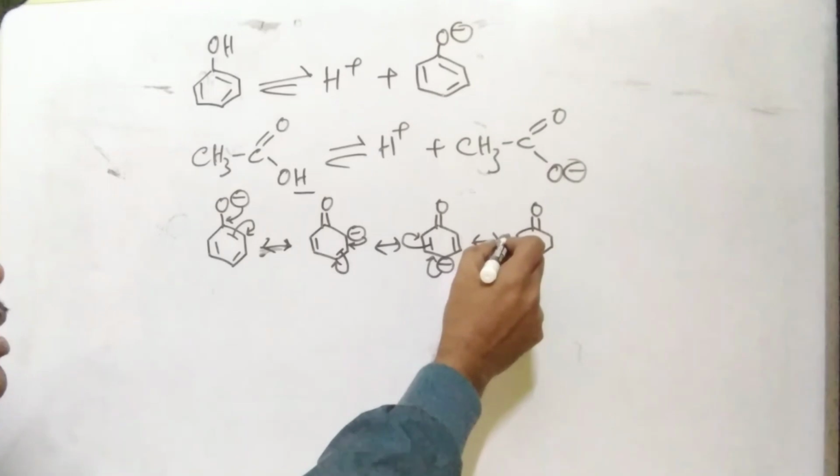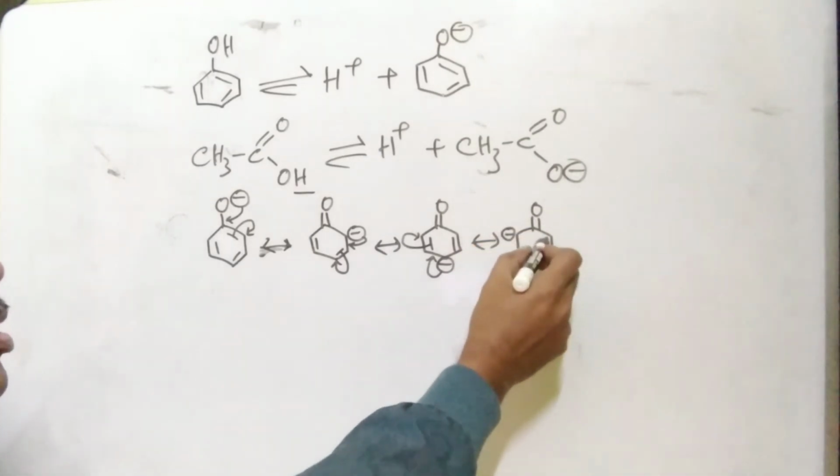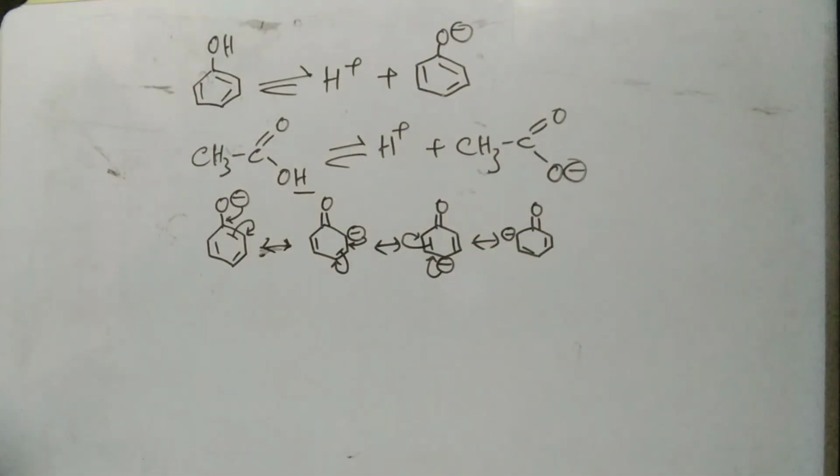So double bond O, and the negative charge again, and double bond. Okay, so these are the resonating structures of phenoxide ion.